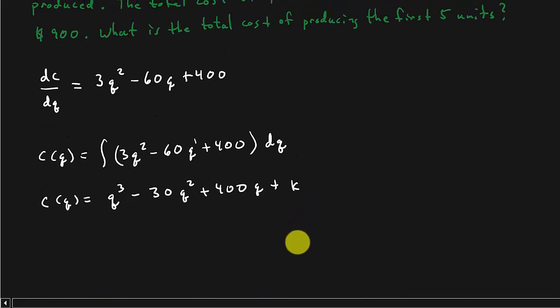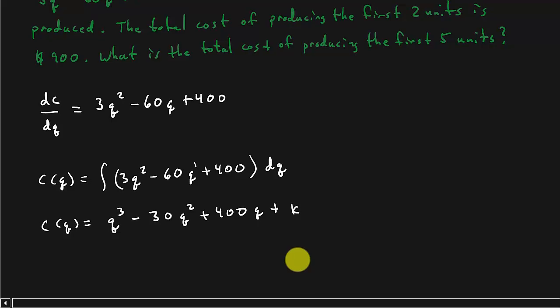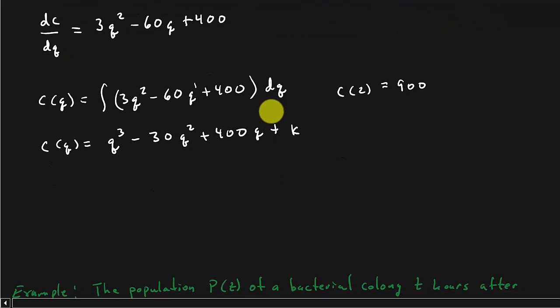Now we've got to find the total cost of producing the first 5 units. Well, what does it tell us? It says the total cost of producing the first 2 units is $900. So that tells me if I take the 2 and plug it in for Q, so if I do C of 2, what should I get as an answer? I should get 900, right?